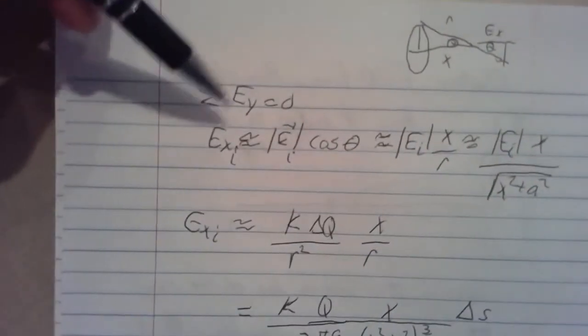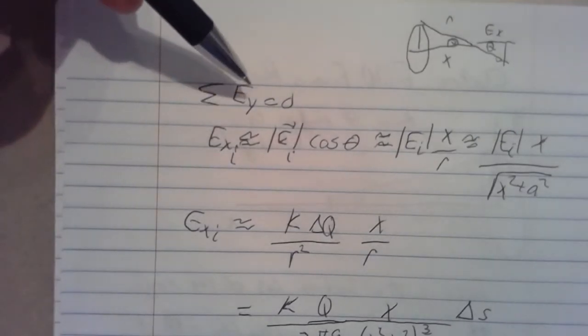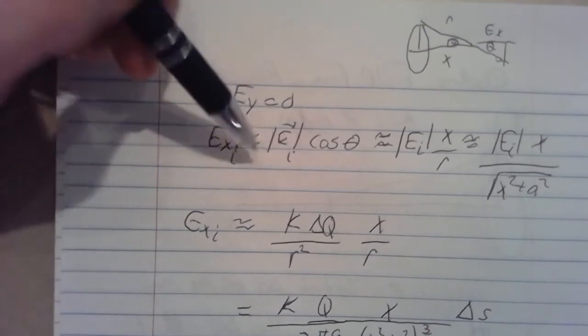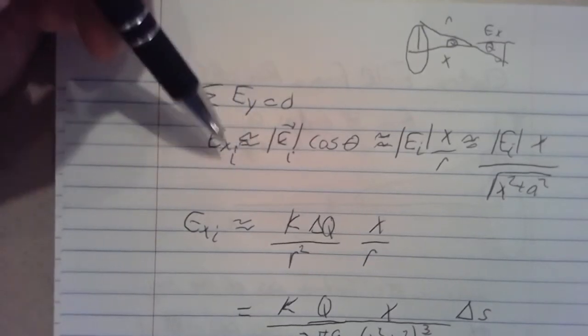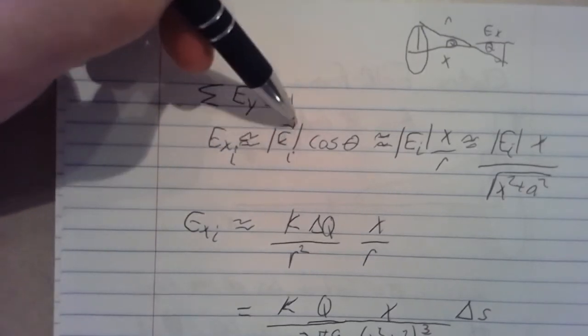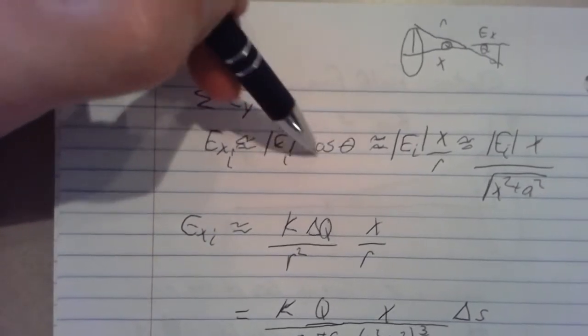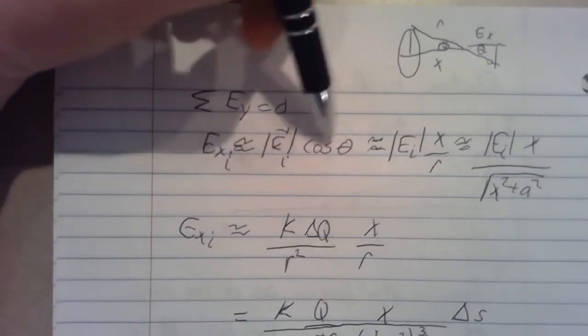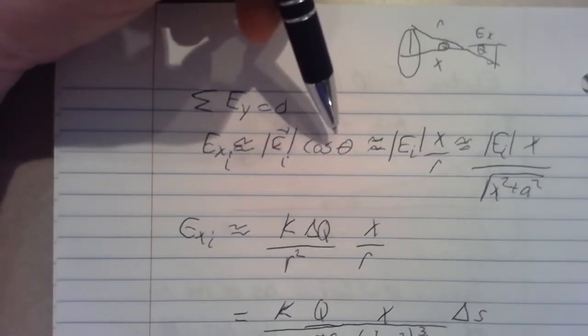Okay, so as we said, all the E_y's add up to 0. E_x, from that one little charge we're looking at here, I called it the ith one, is approximately the magnitude times the cosine of theta. Cosine of theta we can actually write using parameters we already have.